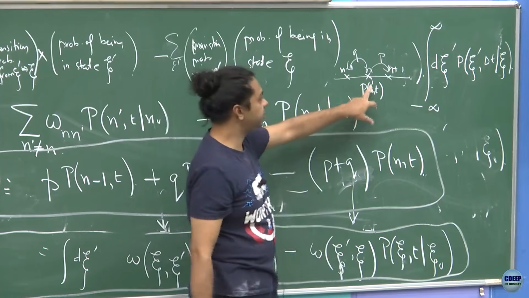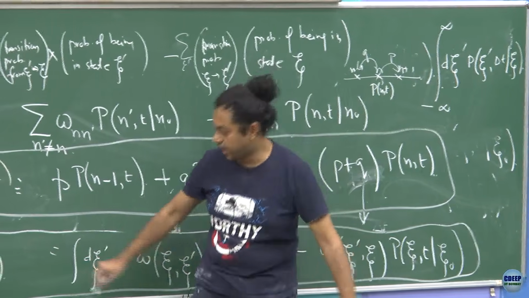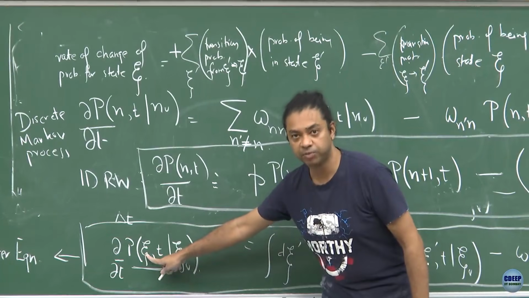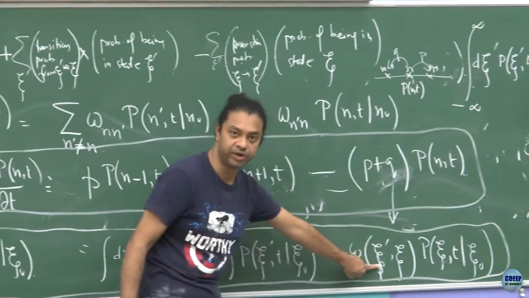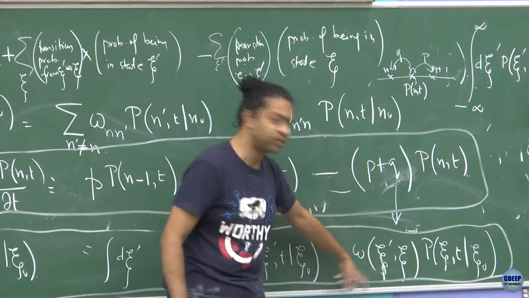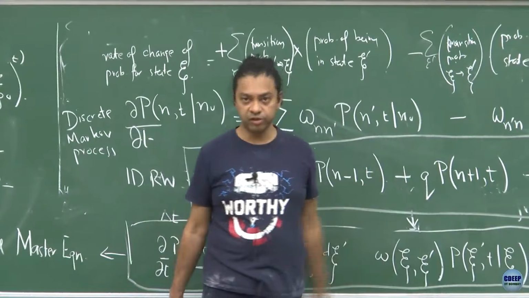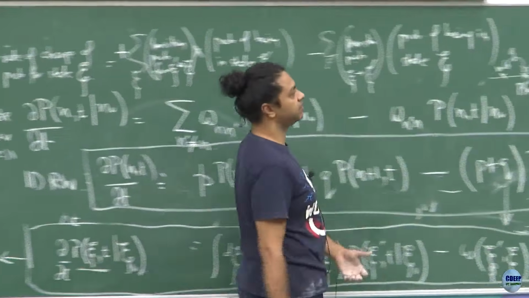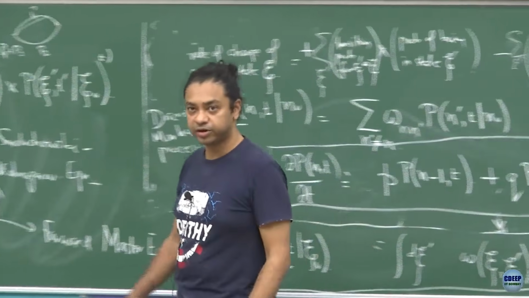So, all terms that take you out of this state, out of the desired state. Remember I am talking about the time evolution of state xi. So, any hop that takes me out of this state, hops from xi to any other state xi prime, these are loss terms in that they decrease the probability, and then summed over all xi prime, this gives me the net loss term. So, this total change in probability comes from this gain minus the loss, and then given a process, you think about what are the possible transitions. For example, for this random walk, there are only two transitions, two hops to the left and right, and you can write down the corresponding master equation.